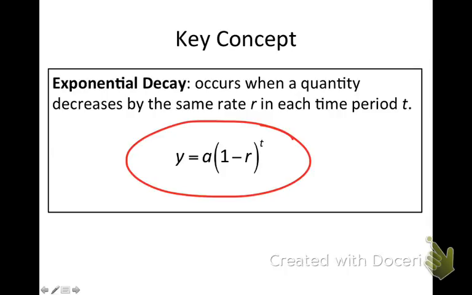So it's going to be 1 minus your rate, because we're getting smaller as we go down.